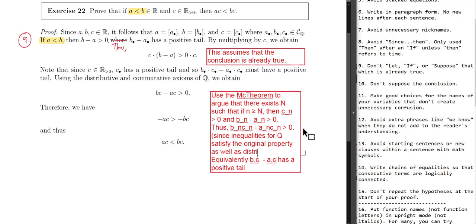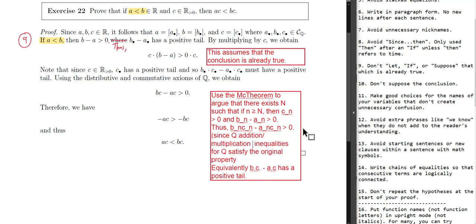All right, or well, I should say not the inequalities. So I'll just say since Q addition and multiplication are distributive.